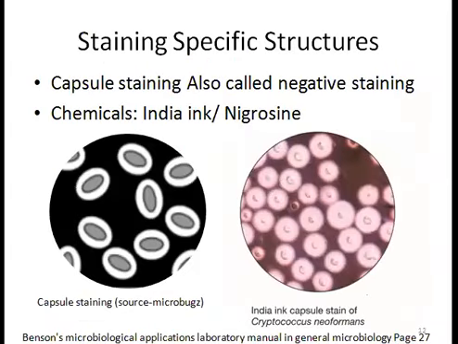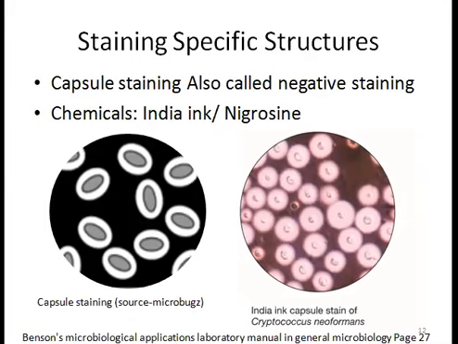Staining of specific structures. For example, capsule. Capsule staining is a technique that reveals the presence of capsules. It is usually made of polysaccharides around many bacteria and some fungi. For the study of capsules, bacterial cells are mixed with India ink or nigrosin, which are used as dyes and spread out on a slide in the form of a thin layer.